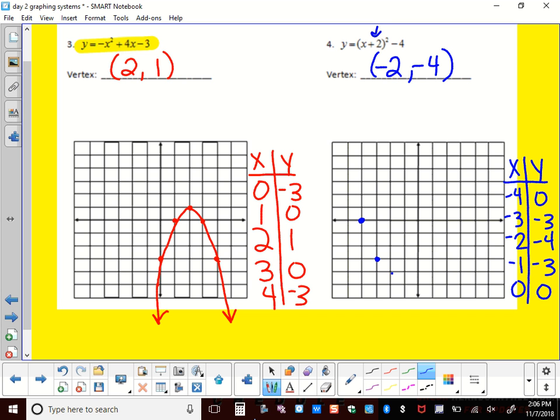We start from the top one. It doesn't matter, we're just plotting them. You can start from the bottom and go up to negative 4, 0 just to get the same thing. Try to be careful with your points, try to make them connect as best you can. Make sure it's not a V shape.